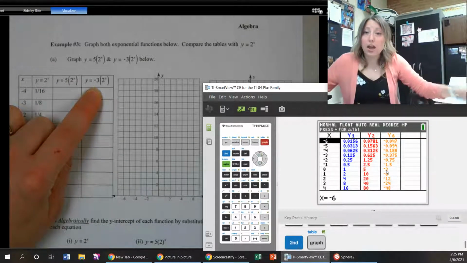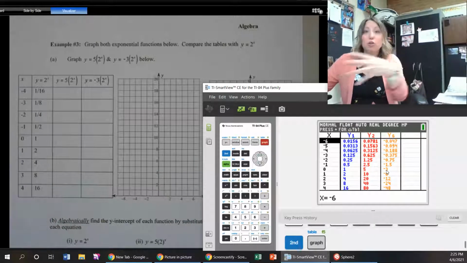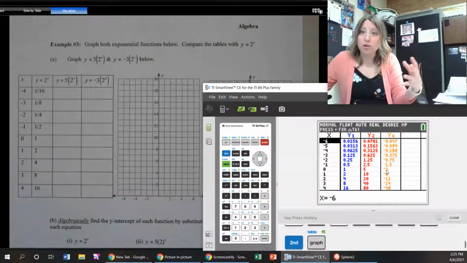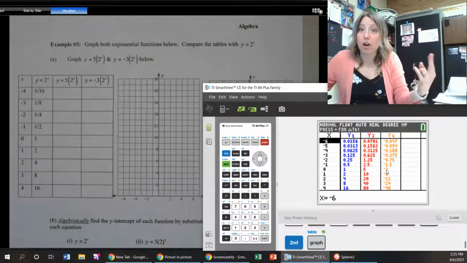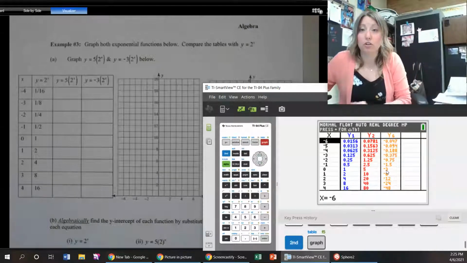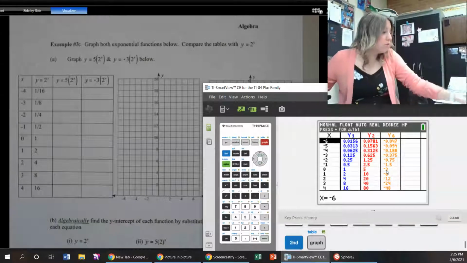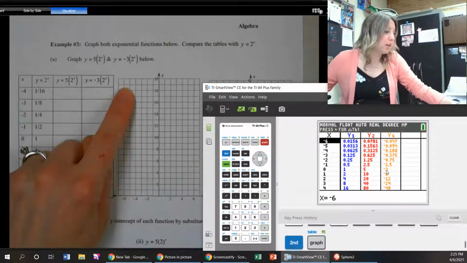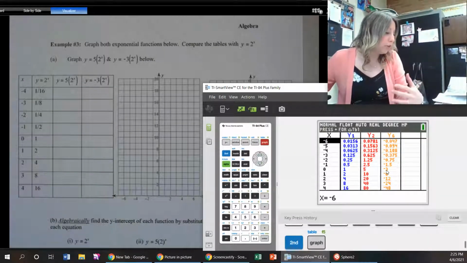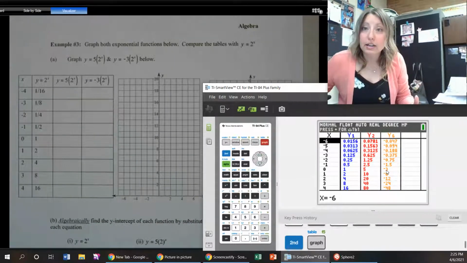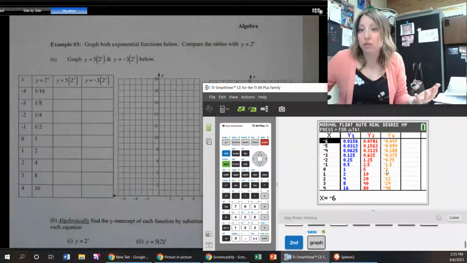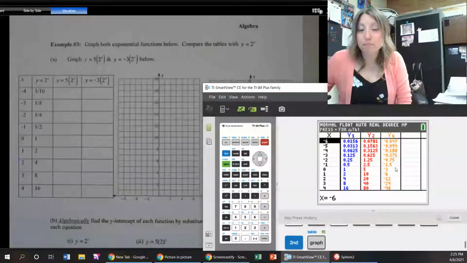See that? That number in front of the base can determine where your y-intercept is, as long as your x stays just an x as your variable, okay, and your exponent. All right, notice none of these have another number being added or subtracted at the end, which is again why their asymptote is y equals 0, okay?